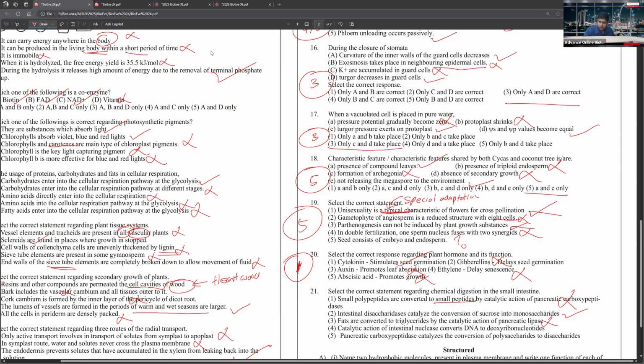Wrong, this is done by pancreatic nuclease. Pancreatic carboxylase catalyzes the conversion of polysaccharides into disaccharides. Wrong, so carbohydrate digestion here is wrong. So second is the answer.